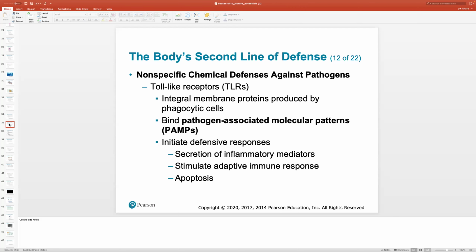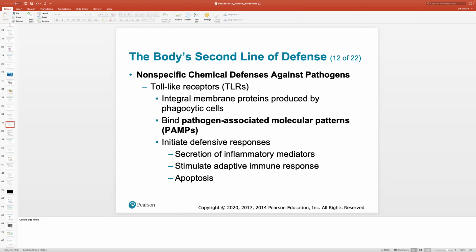All right, then there is the non-specific chemical defenses against pathogens with toll-like receptors, TLRs. There are 10 different kinds of these. We're going to look at that in a minute. But these are membrane proteins that are produced by phagocytic cells, and they bind pathogen-associated molecular patterns, or PAMPs.